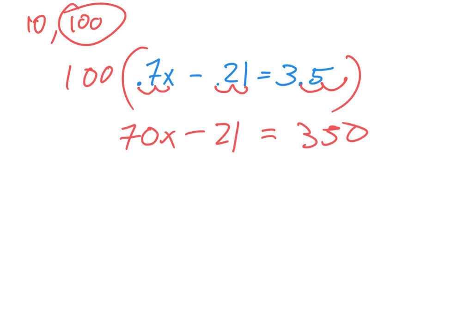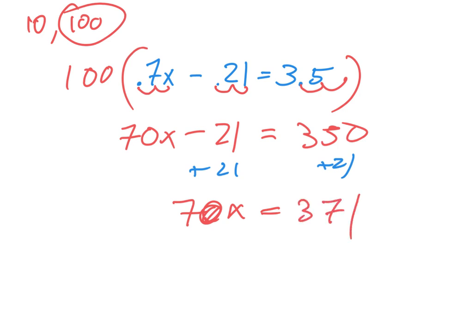Adding 21 to both sides. 70x equals 371. Divide both sides by 70 to get a final answer of x equals some value. Leave that one up to you as well.